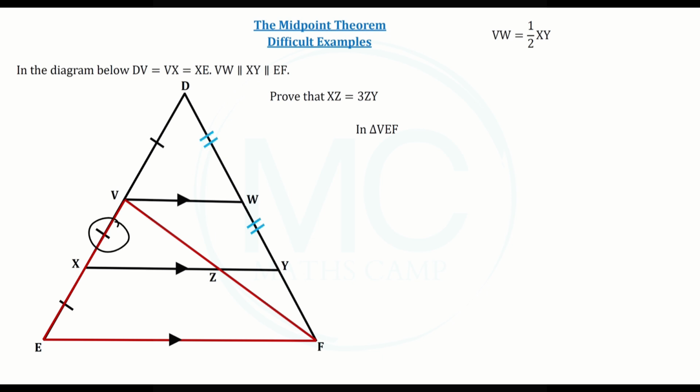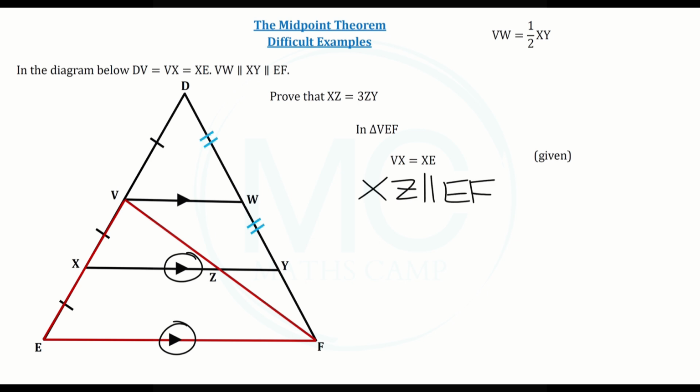The line over here and over here shows us that VX is equal to XE. And as our reason, we use given. The arrow over here and over here shows us that XZ must be parallel to EF. And again, we can use given as our reason.